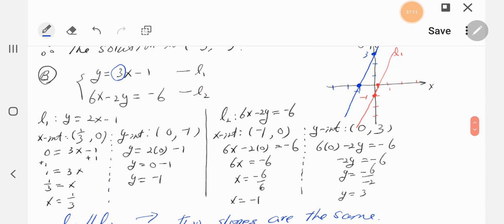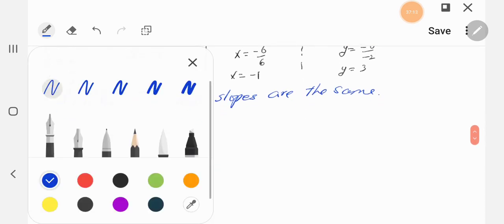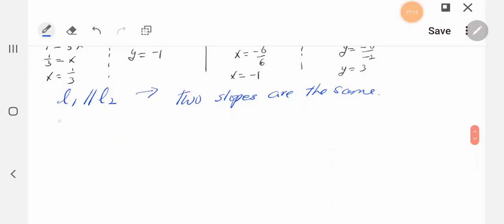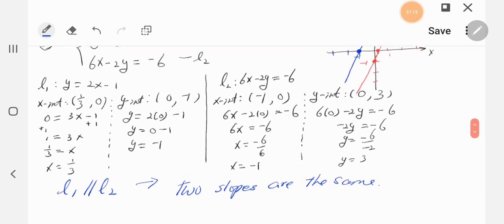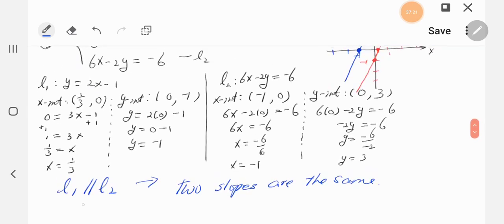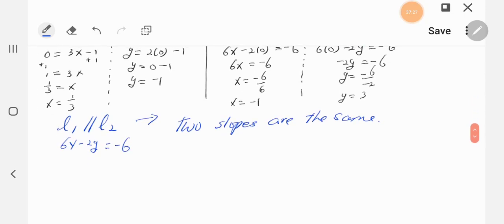Let's find the slope of line 2. What's line 2? 6x minus 2y is equal to negative 6. Okay, this is line 2.